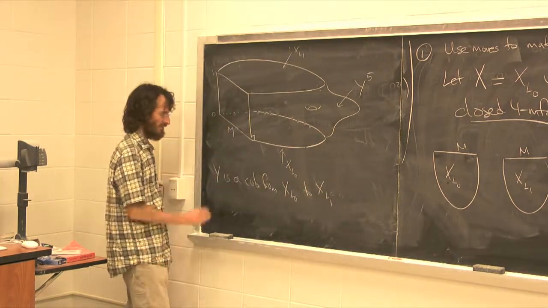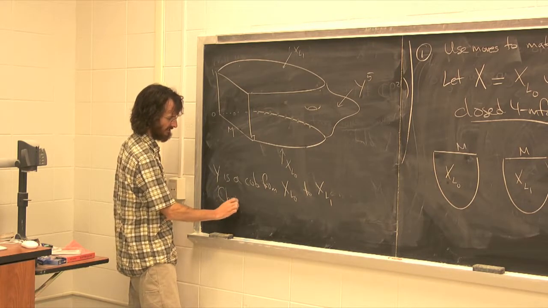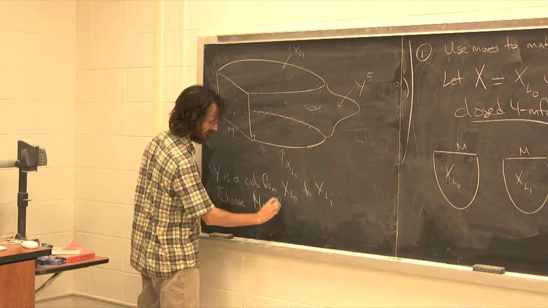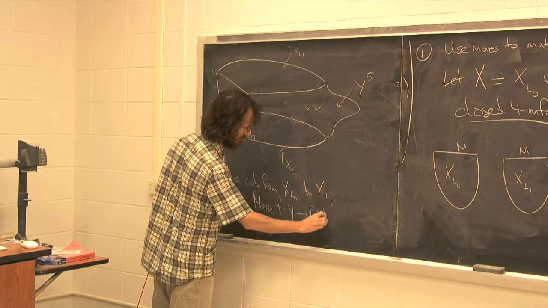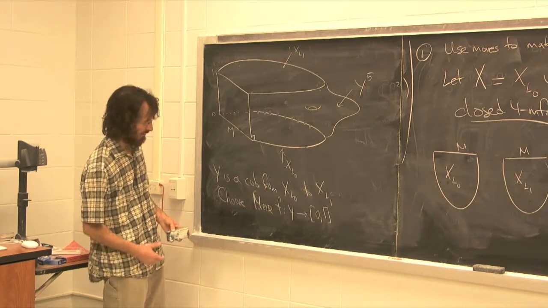And I'm going to put on it a Morse function. So choose a Morse function f from Y to 0,1, respecting this cobordism structure.